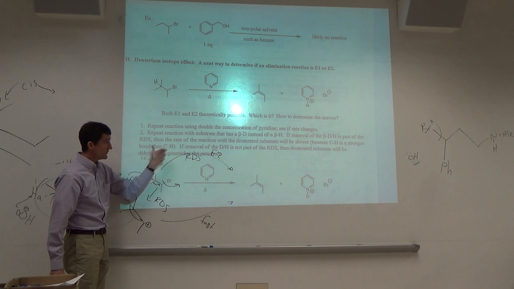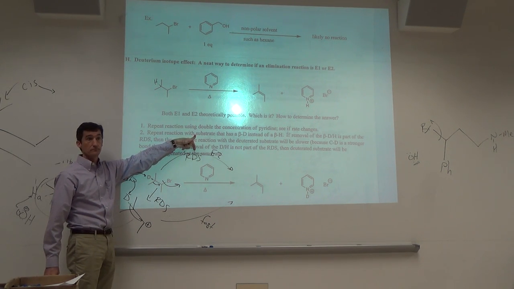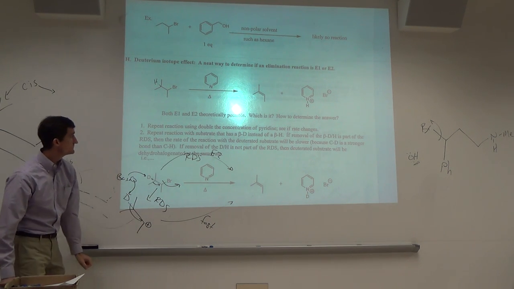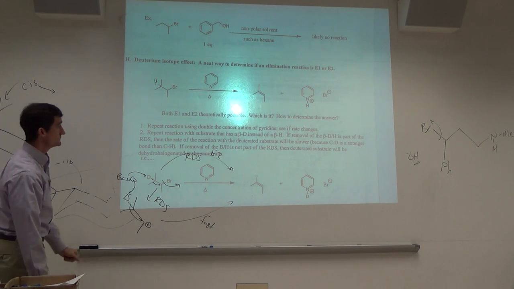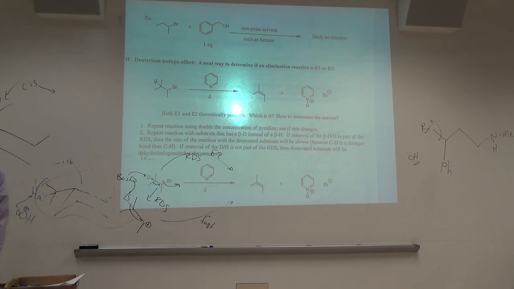But that only would matter if it's E2. And that's what this says here. So, change the beta hydrogen to deuterium, see if that makes the reaction slower. If it does, it must be E2.